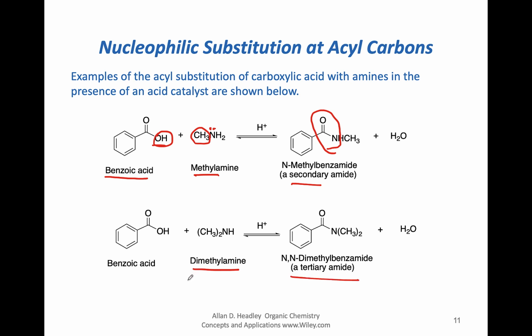So again, look out for these reactions. They are typically acid catalyzed. And of course, just to point out something here that you learned in Gen Chem, it's an equilibrium reaction, as you can see here. So you can drive the reaction to the right or to the left by shifting the equilibrium. So what's done in industry is if you can take off the water once it's formed, you drive the equilibrium to the right.